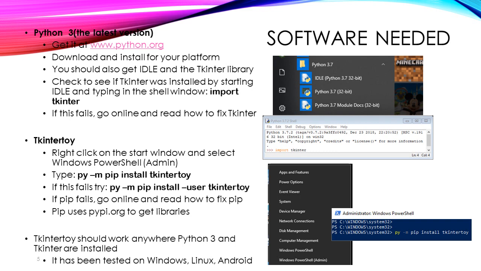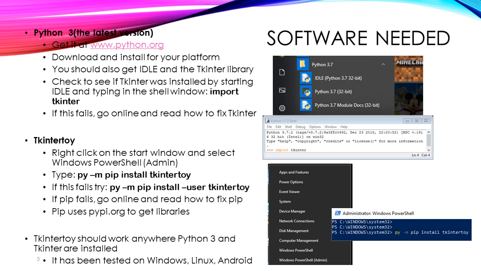Hopefully, you will see another prompt pop up right underneath it, and that means you're good to go. If you start seeing error messages, then you're going to have to go online and read how to fix tkinter. So let's assume that tkinter is there.